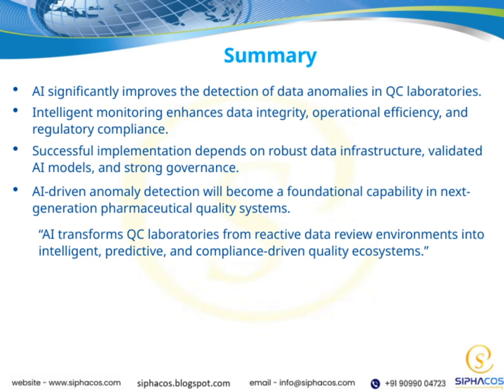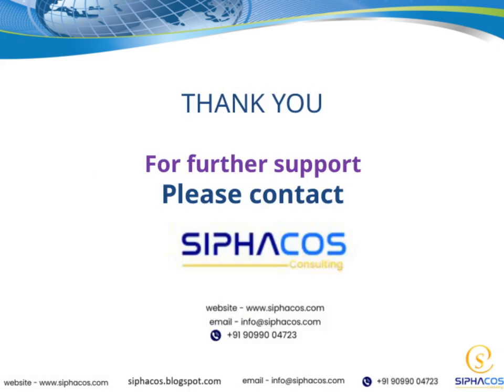It's about moving from reactive data review to proactive, predictive, and compliance-driven quality ecosystems. As I often say, AI is transforming QC laboratories from reactive environments into intelligent, predictive systems that support better quality management across the board.